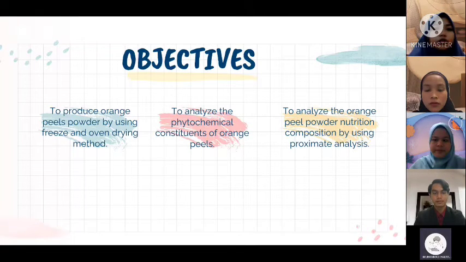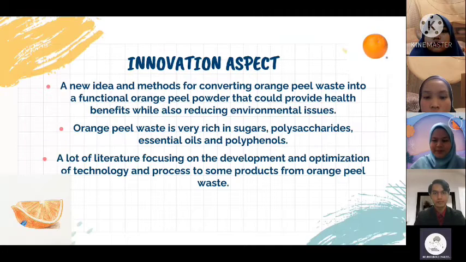Objectives: to provide orange peel powder by using the freeze and oven drying methods, to analyze the phytochemical constituents of orange peel, and to analyze the orange peel powder nutrition composition by using proximate analysis.